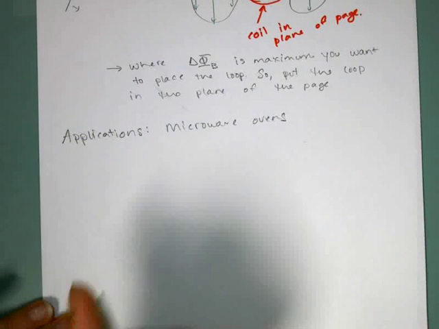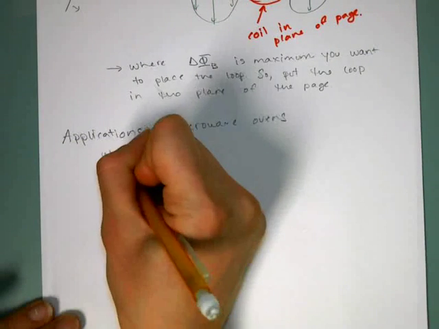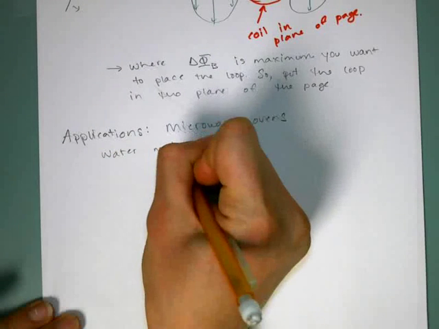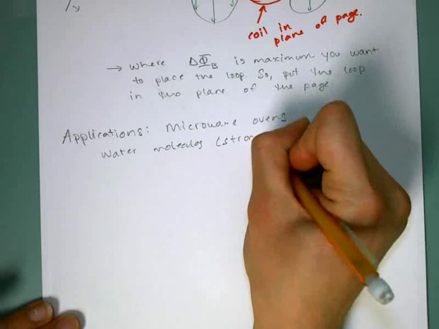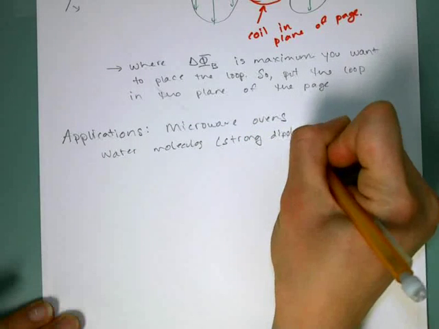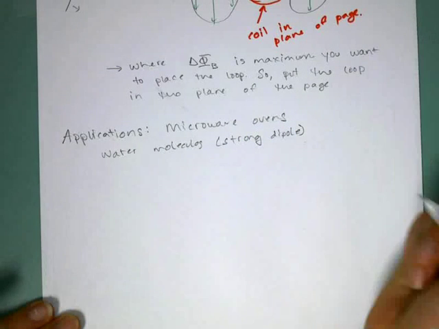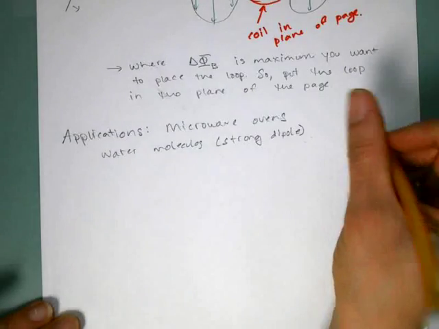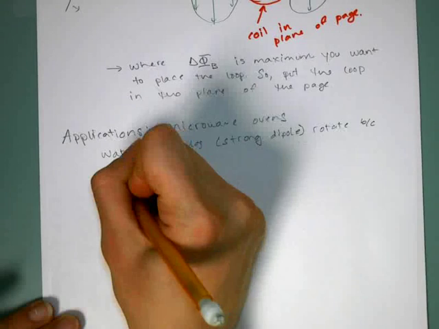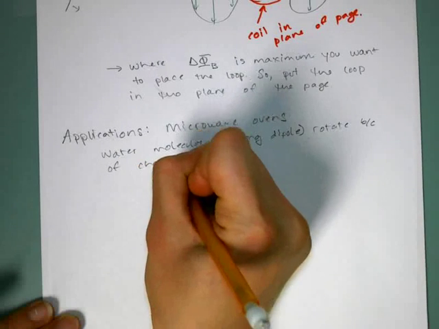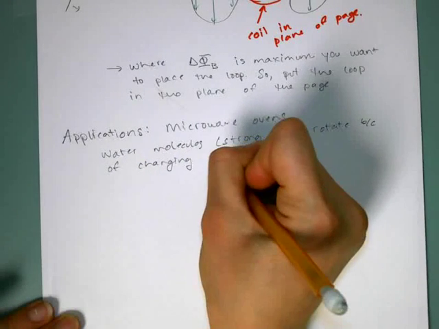So just to diagram this out a little bit. Water molecules with their strong dipoles are going to rotate because of the changing electric field inside the microwave oven.